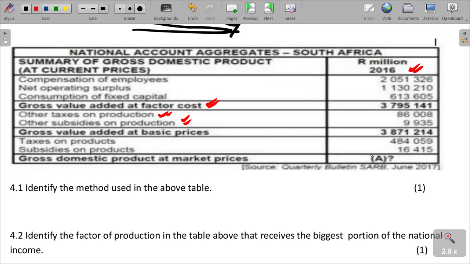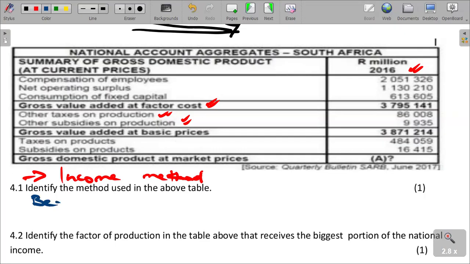So the question says, identify the method used in the table. The method used here is the income method. Why do we say that?